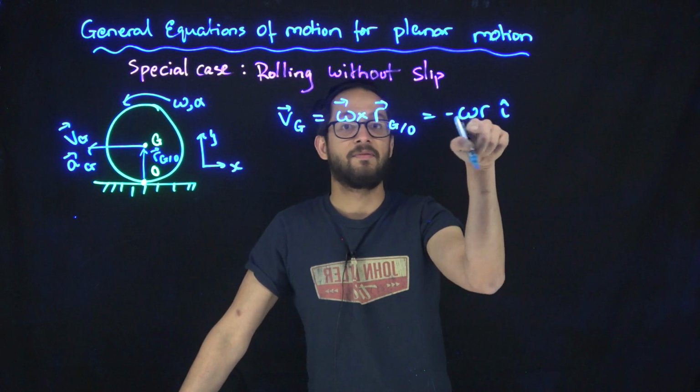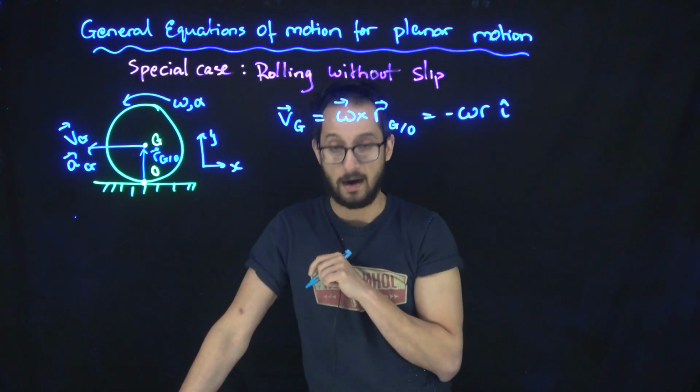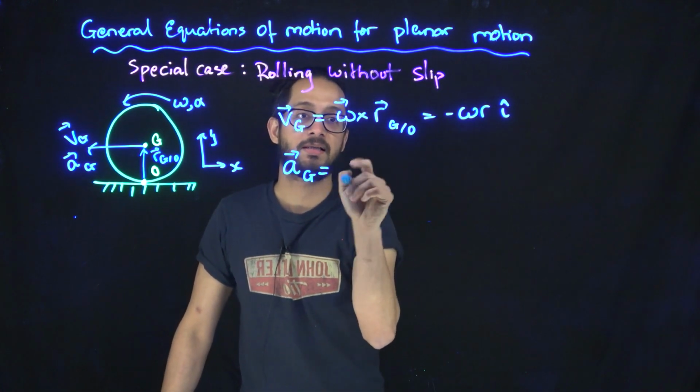So the scalar term for the velocity of the center G is just omega R. Similarly, I can get AG by differentiating this term.